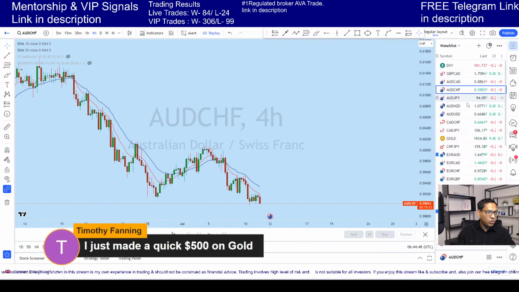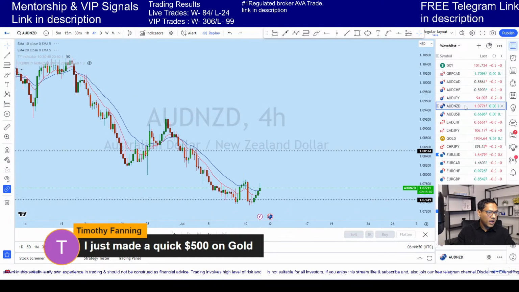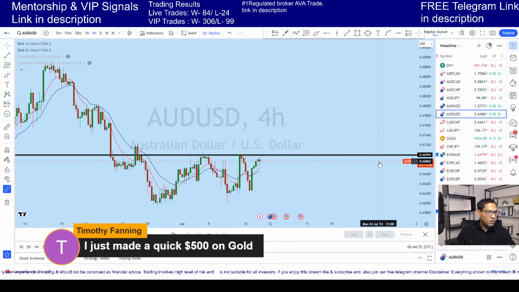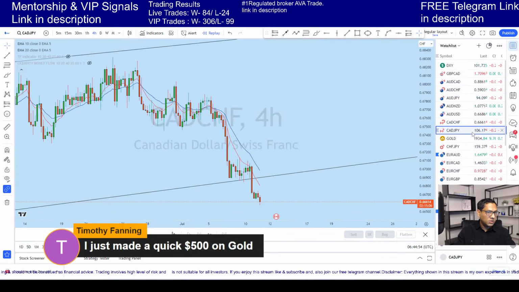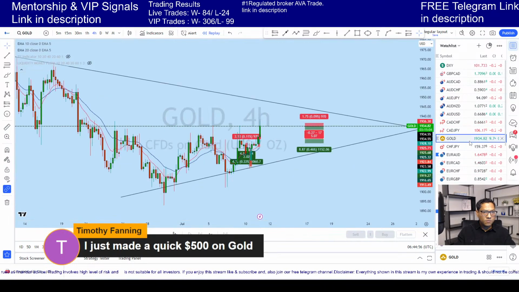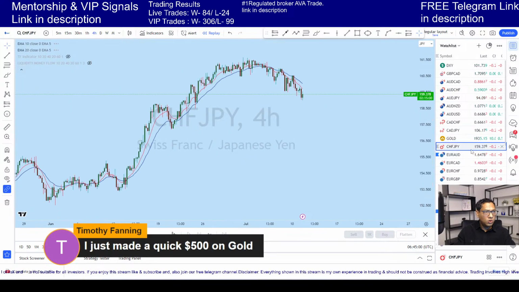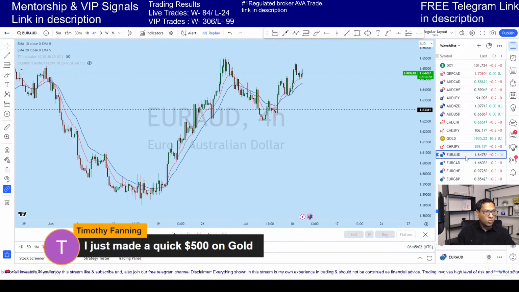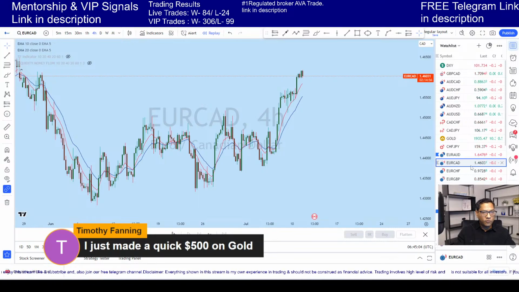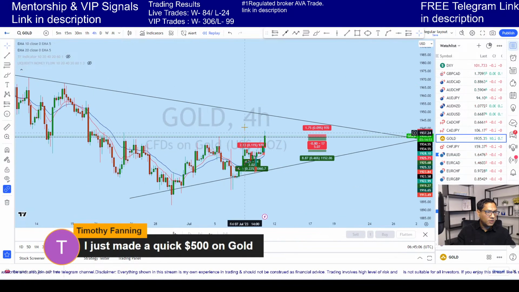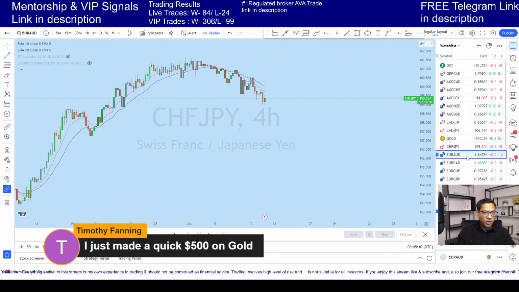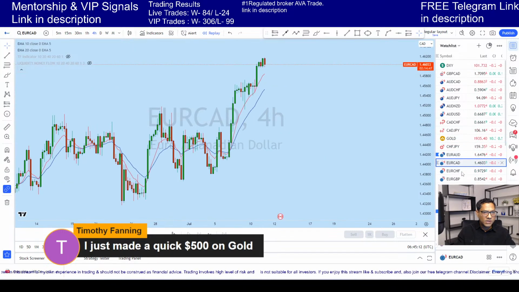I see that the AUD pairs are looking a little bit weaker, except gold, which is heading to the upside. We see that significant movement on gold. Now if we see gold reversing after a strong liquidity gap, we can look for an entry based on real-time price action.